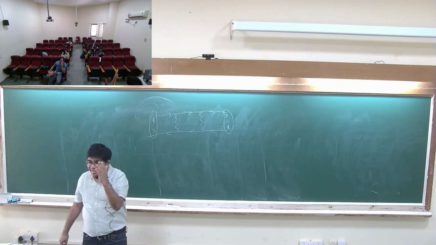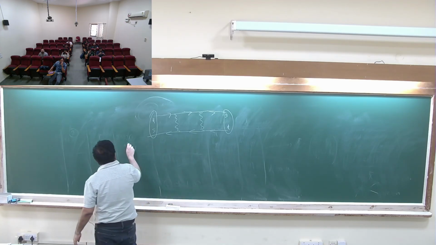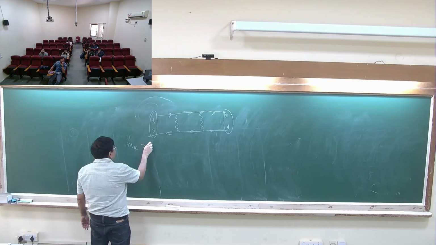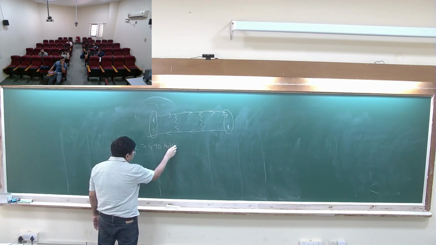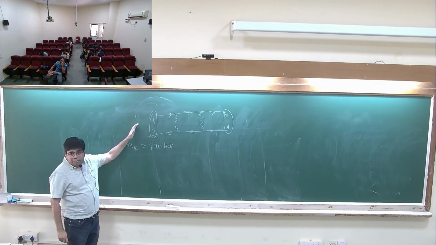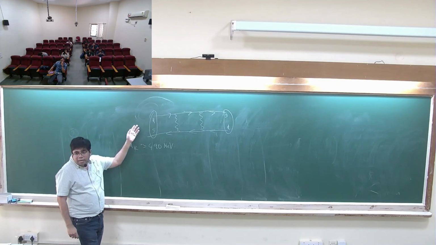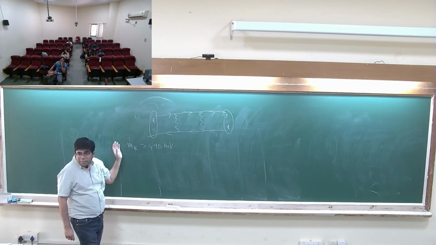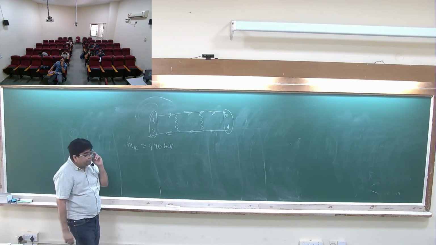Yes, exactly, around 497 MeV essentially. So the kaon mass: if you add the individual quark masses, it comes out to be 100 MeV. So this is a particle which is dominated by long distance effects.